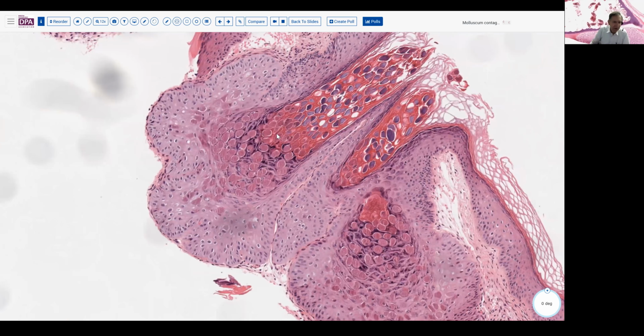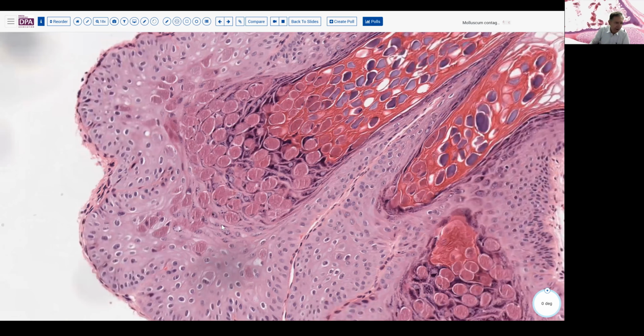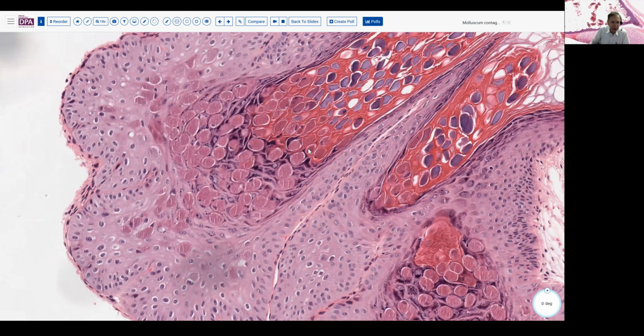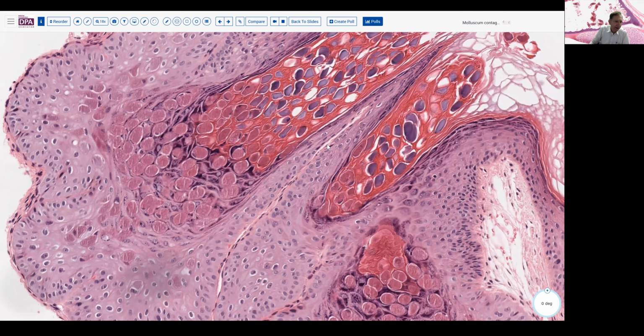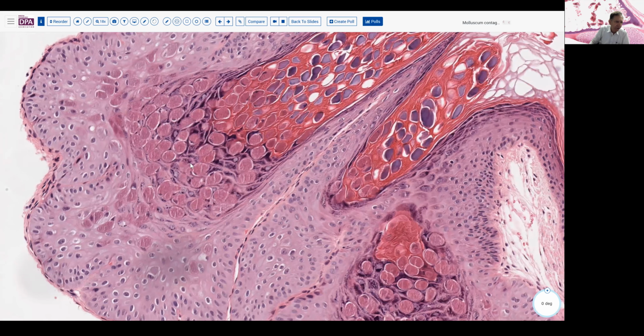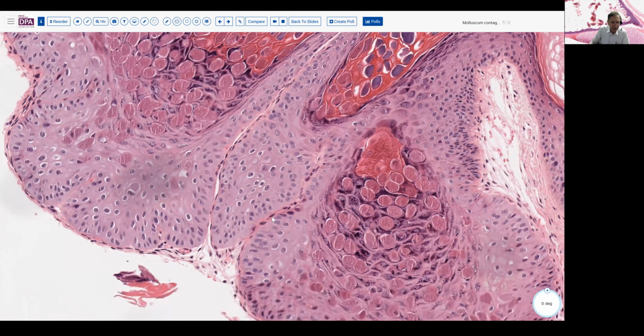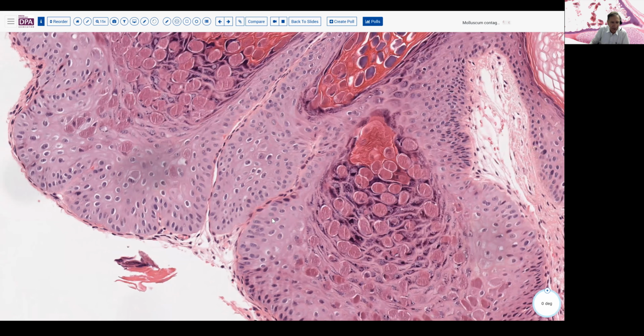in fact has these nice characteristic eosinophilic cytoplasmic inclusions, which are characteristic of molluscum contagiosum. So this is a quasi-infectious transmissible disease, a viral type disorder that creates these very characteristic cytoplasmic inclusions and presents as small reddish papules.